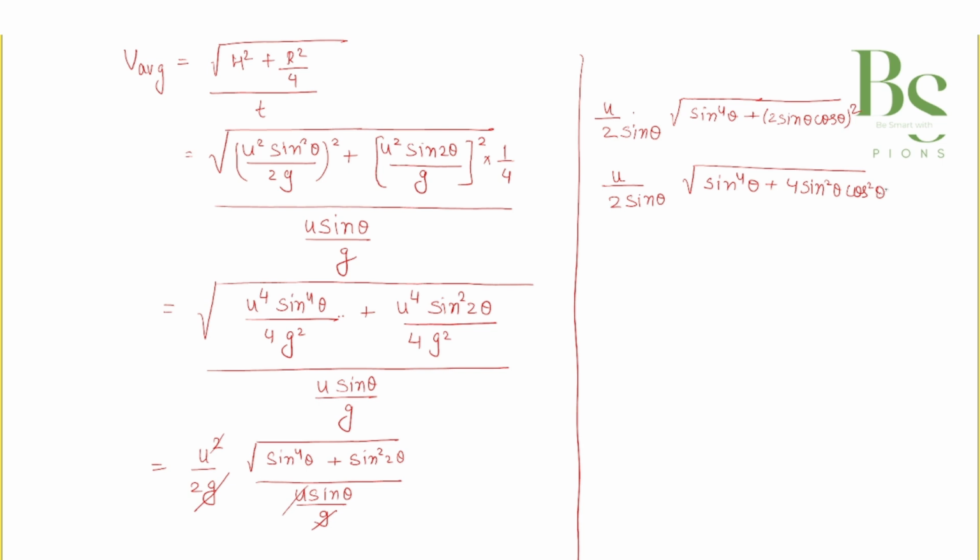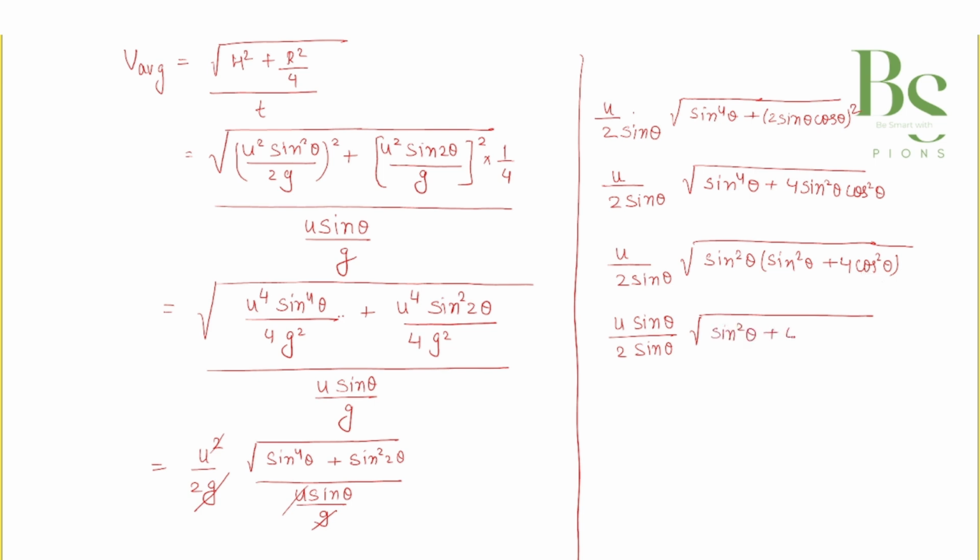Let's take sine square out of the root. So before that, let's take common out 2 sine theta, root under taking sine square theta common out, sine square theta plus 4 cos square theta. I hope this is clear. We can re-multiply and see: sine square into sine square is sine power 4, sine square into the second term. Now, taking the sine square out of the root, you are left with u sine theta upon 2 sine theta, and inside the bracket sine square theta plus 4 cos square theta, correct?